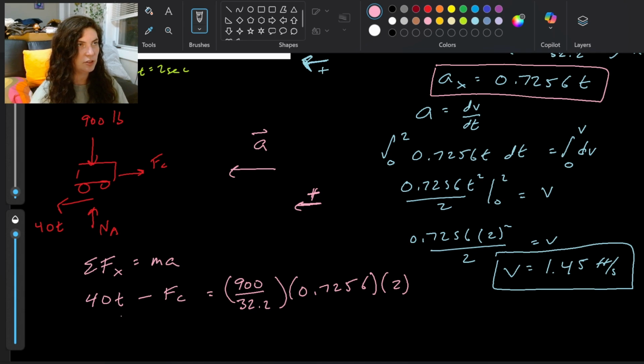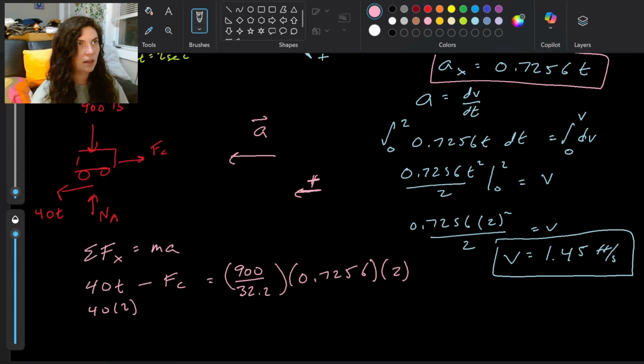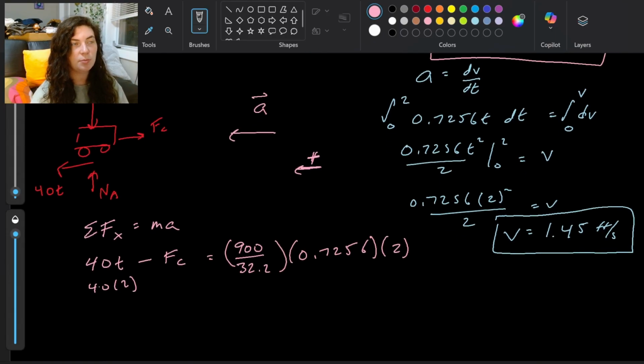I'm also going to plug in the 2 here. I forgot to do that, but this is 40 times 2. And with all of this plugged in, it's just a matter of some algebra in order to find FC. So that force in my coupling, when I rearrange this and plug it into my calculator, I'm getting 39.4 pounds.